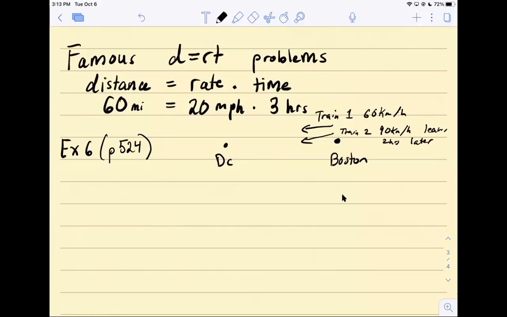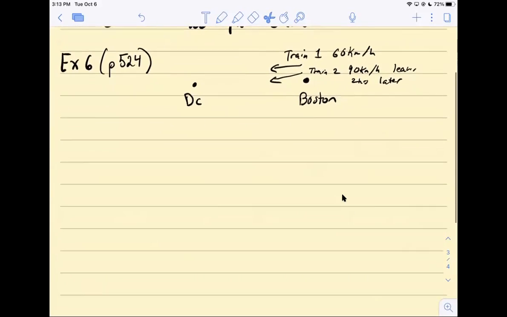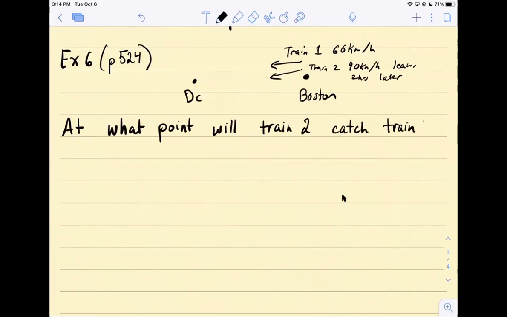The question is, at what point will train 2, the later one, catch train 1?